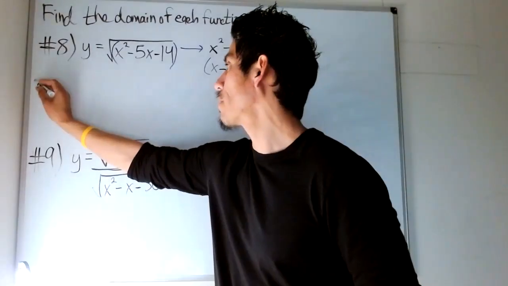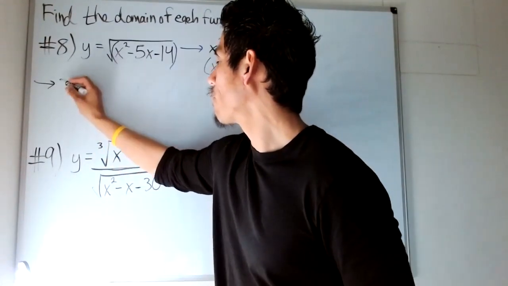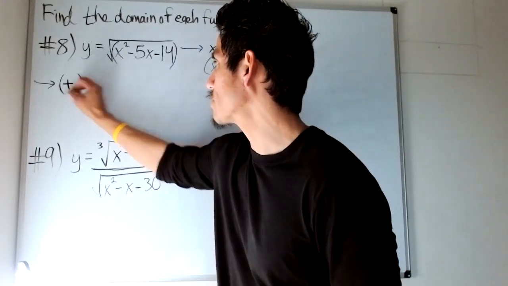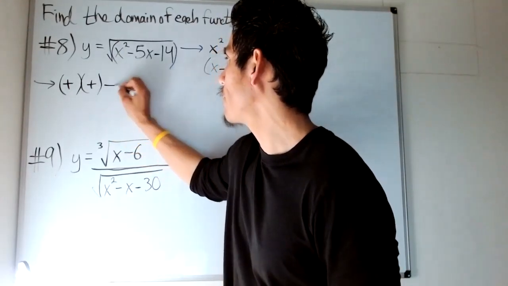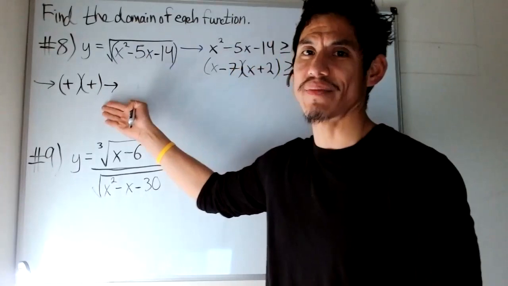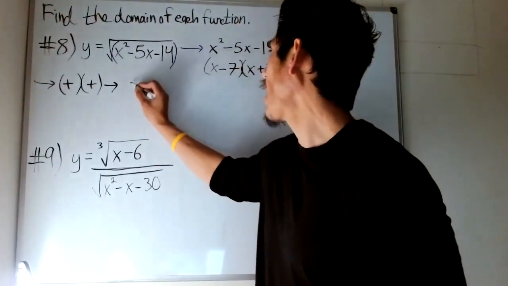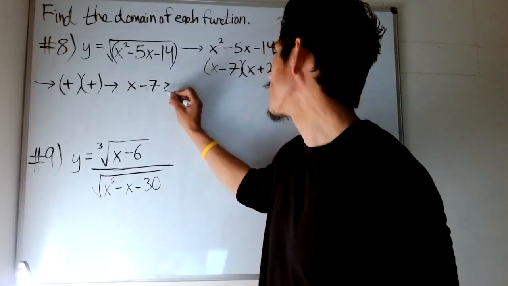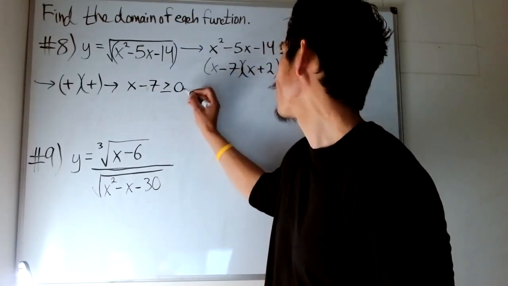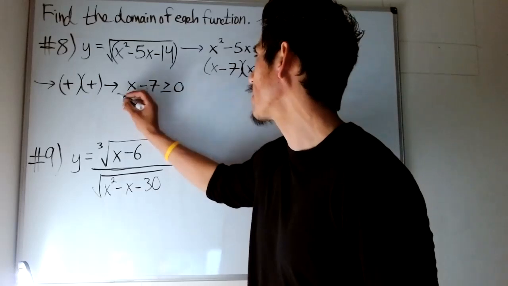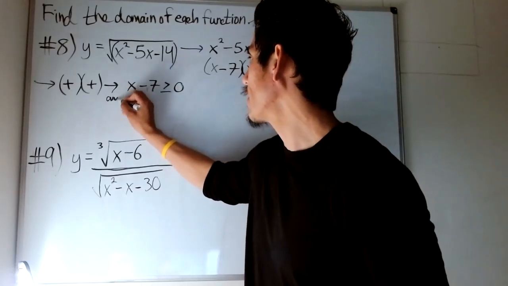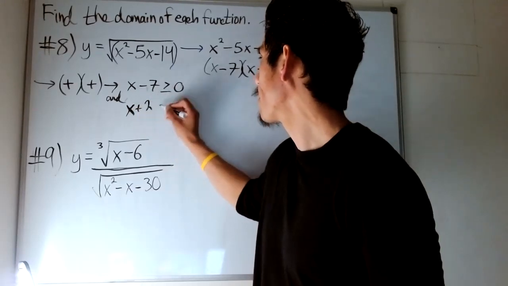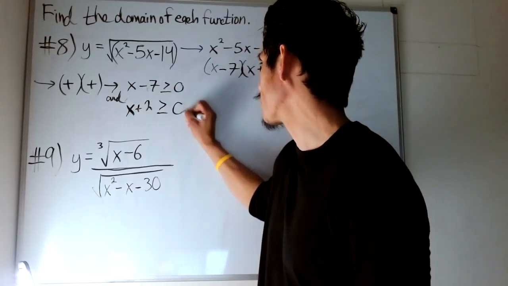Let's go over here. That's a positive times a positive. We'll just do that to symbolize whatever that means. So that means that x minus 7 has to be greater than or equal to 0, and x plus 2 has to be greater than or equal to 0.